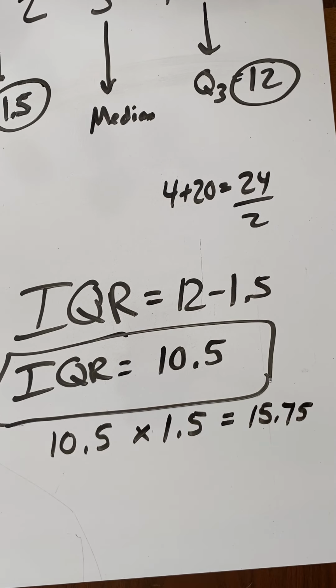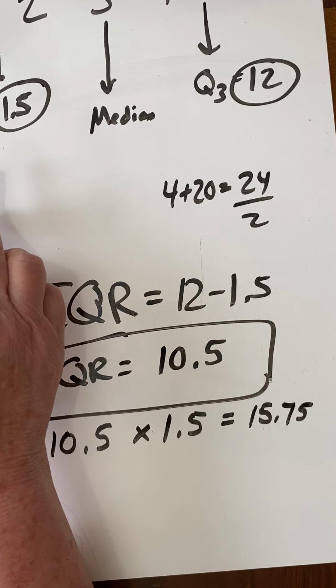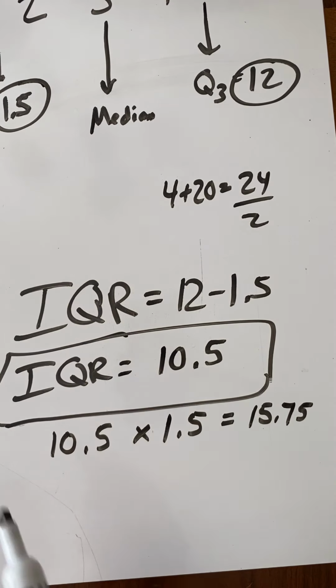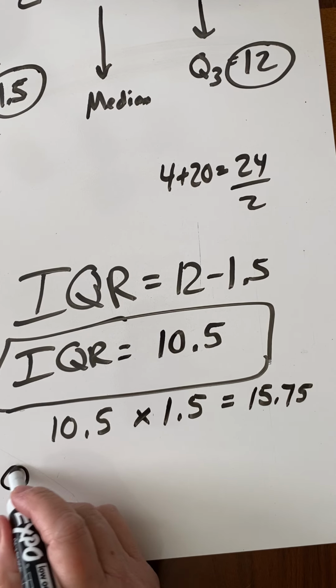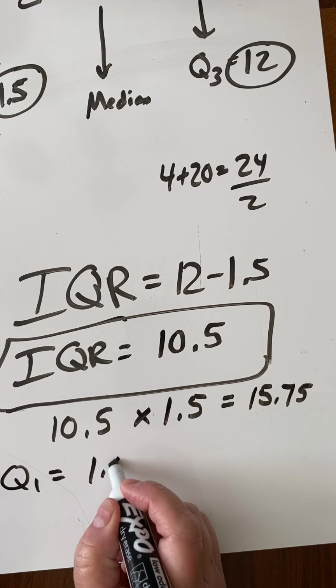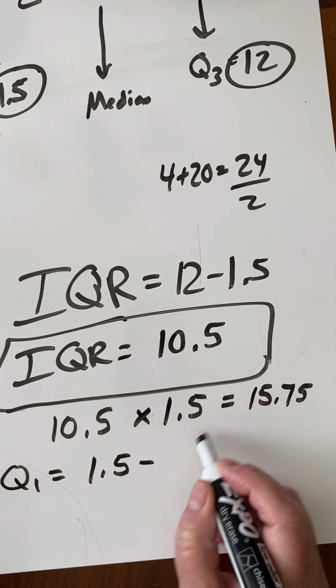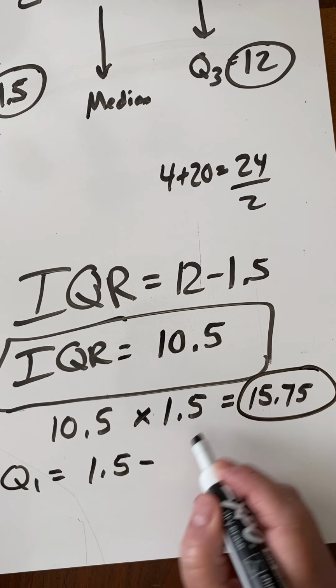Then what I'm going to do is I'm going to take my Q1, whatever my Q1 is, and I'm going to subtract from it this number right here that I've just calculated.